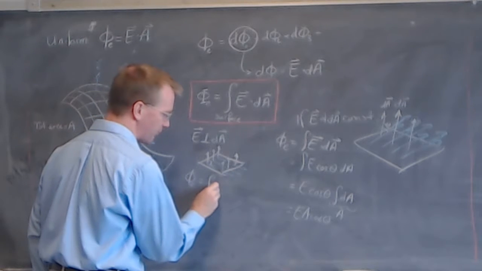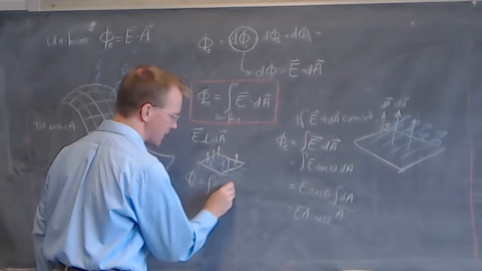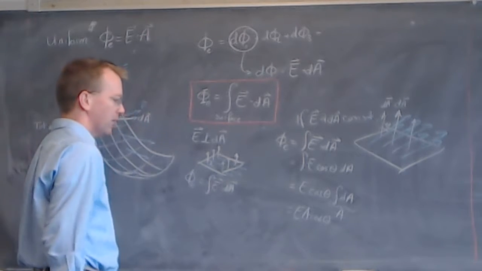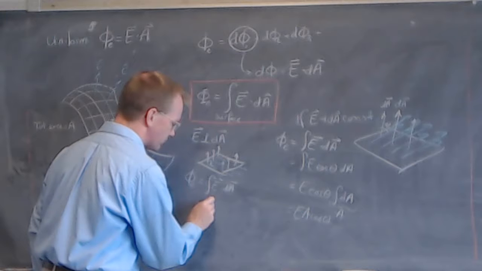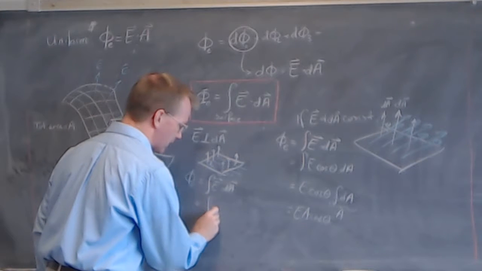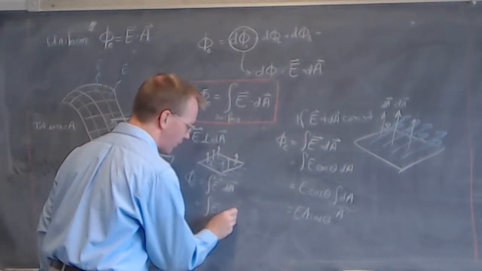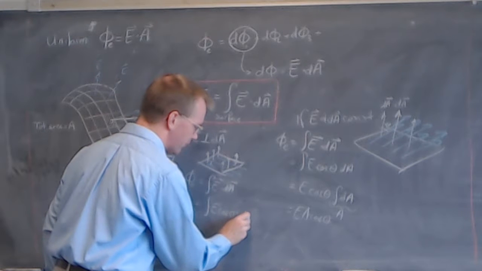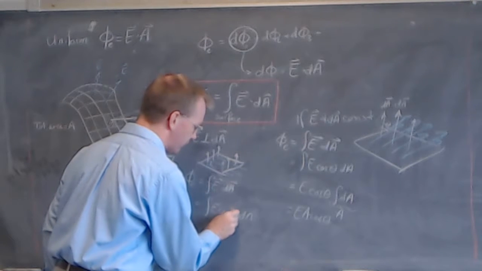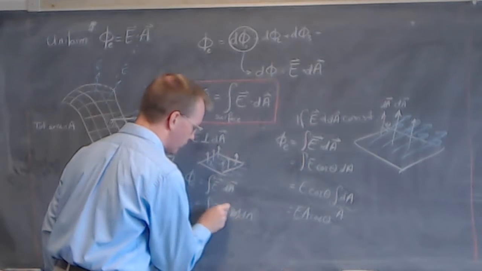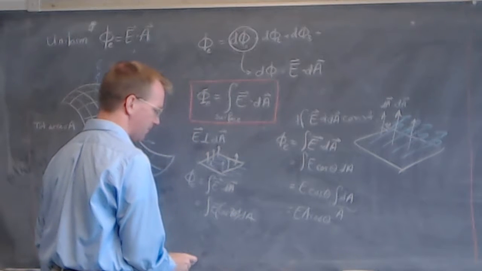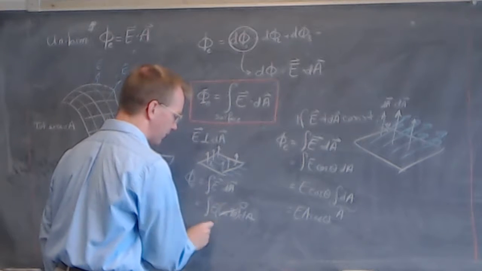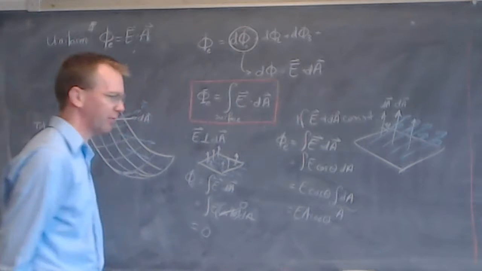Now, in this case, phi E equals the surface integral of E dot dA. That means E cosine of 90 degrees times dA. Cosine of 90 is 0, so the flux is 0.